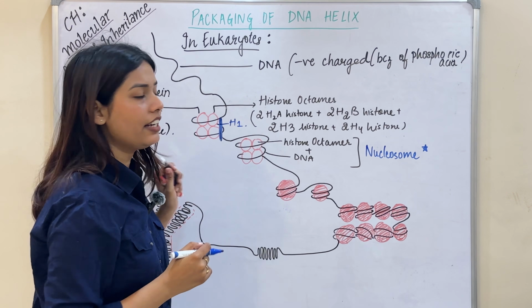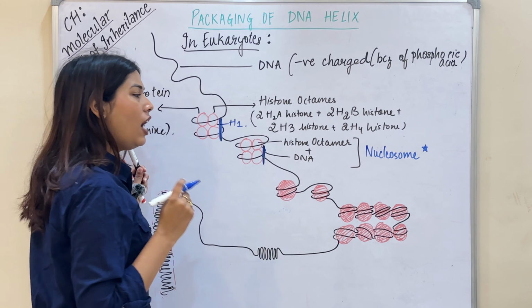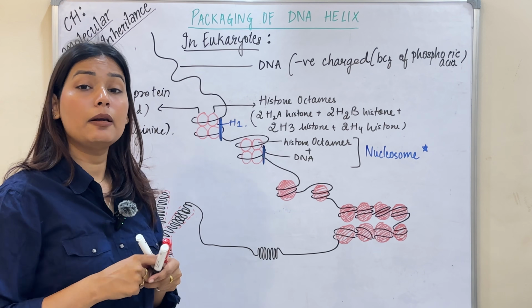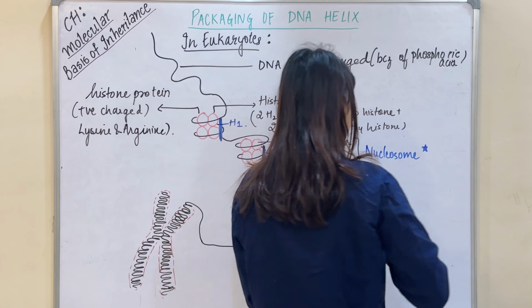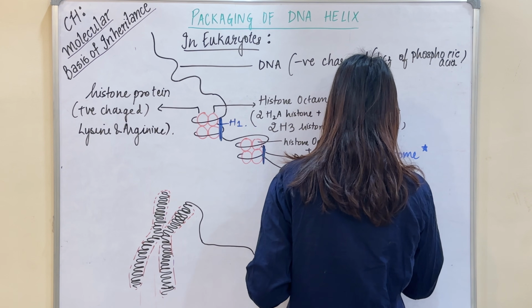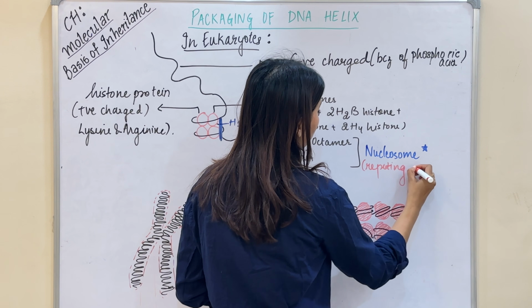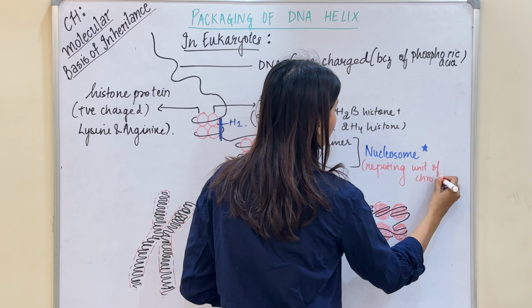This is the linker histone. So it will also be present in the nucleosome. So I can say that the nucleosome is the repeating unit of chromatin.